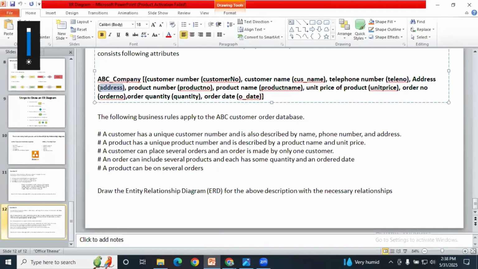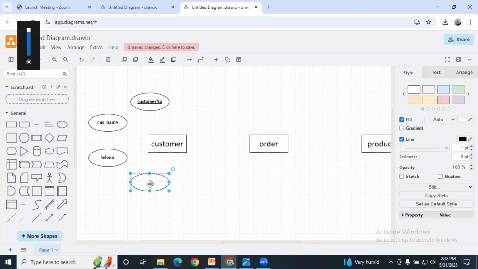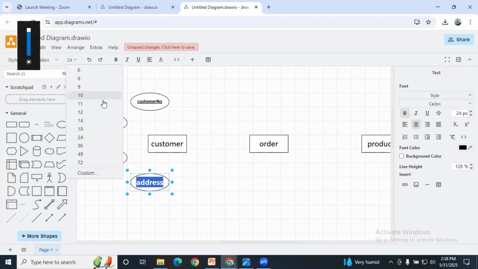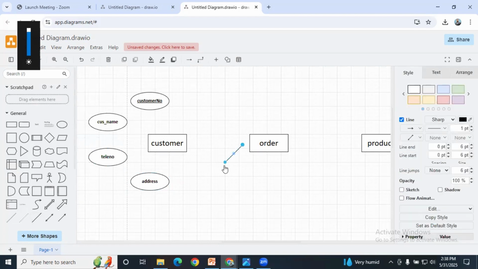Address. Okay. And you want to assign those attributes to the correct entity with a single solid line.